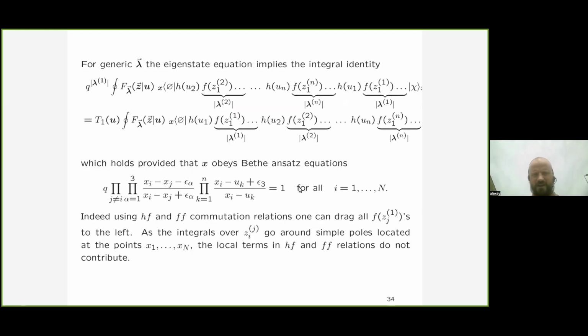And then what I do, very simple. I know how to compute H with F. I know it up to local terms, but I'm claiming that my integral is very special.